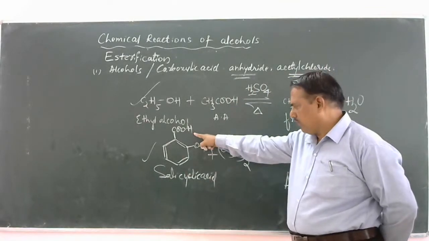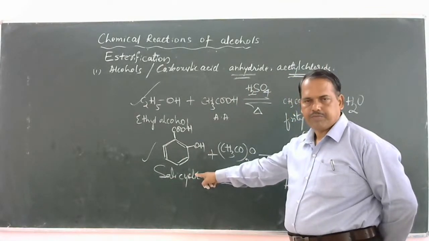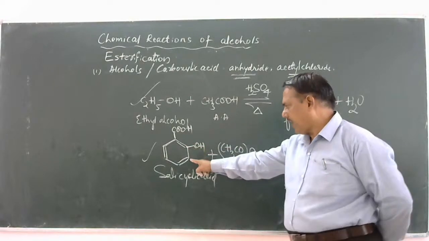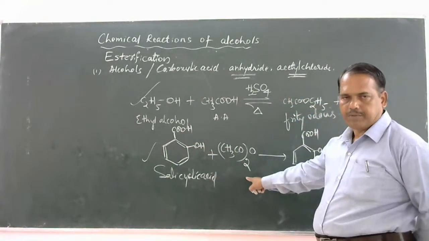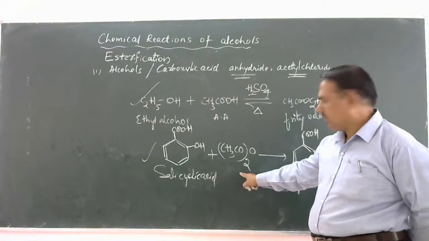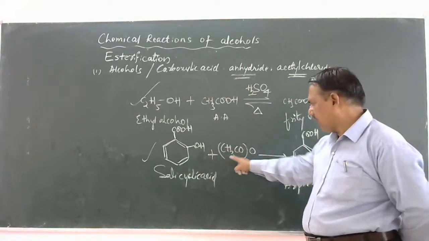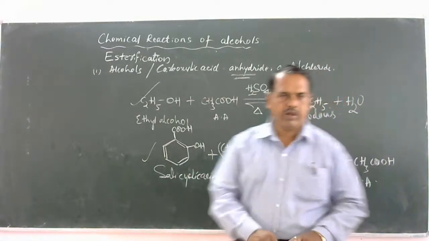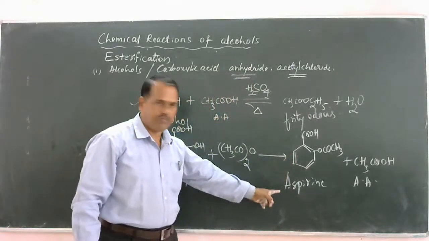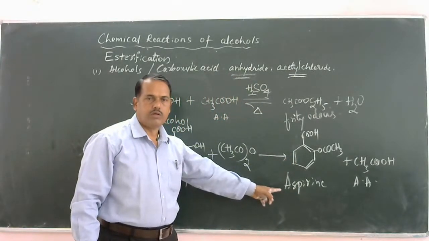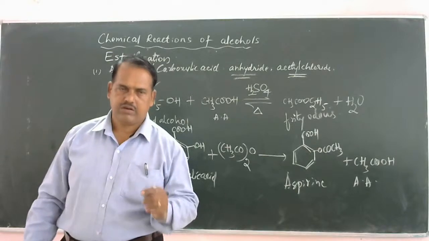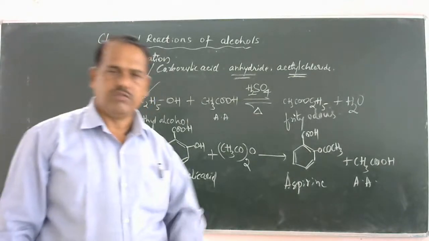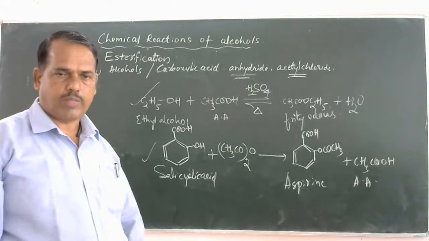What's the name of this compound? Salicylic acid. When salicylic acid reacts with acetic anhydride, as we studied in the last reaction, acetic anhydride, right? And we will get a chemical, aspirin. Are you clear? So aspirin is a drug. It's a tablet. Generally all tablets are called drugs.